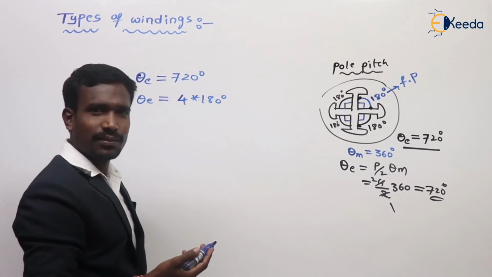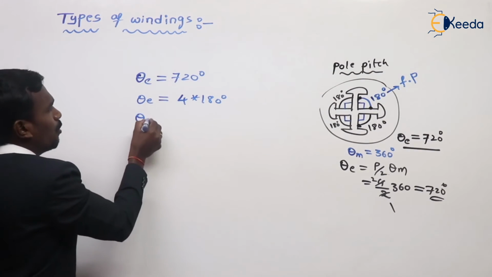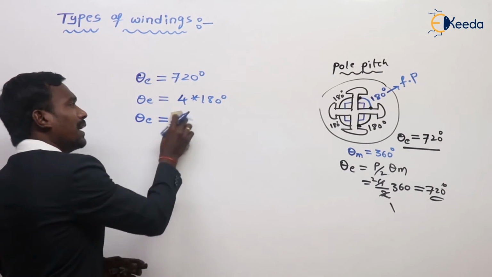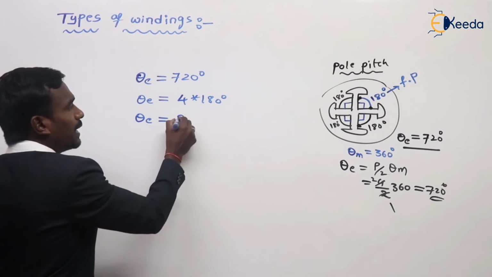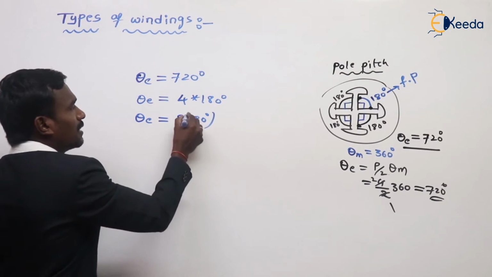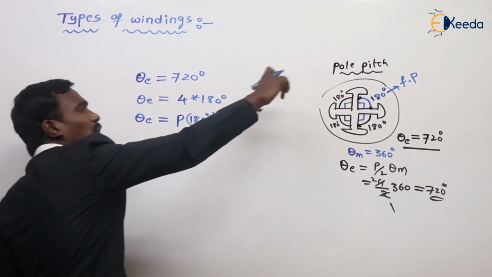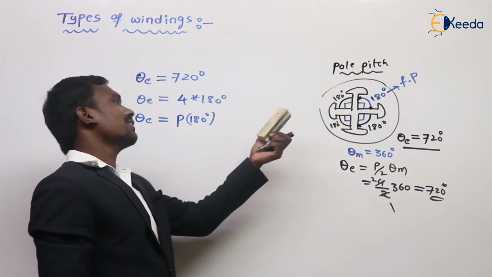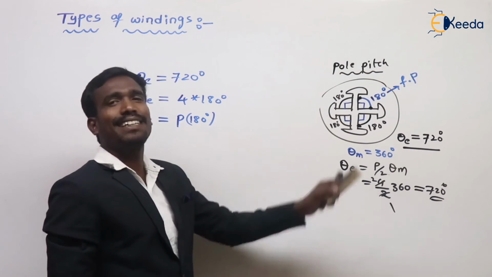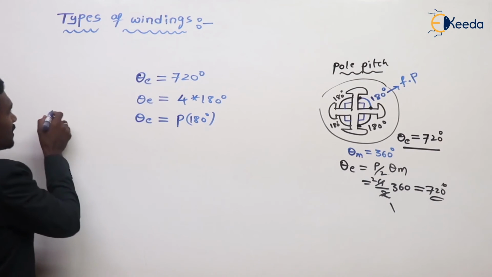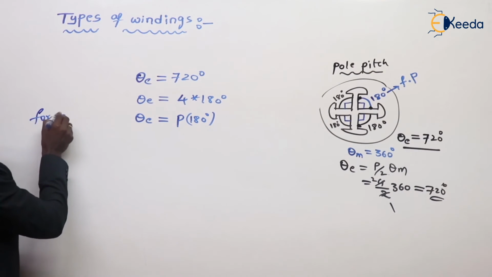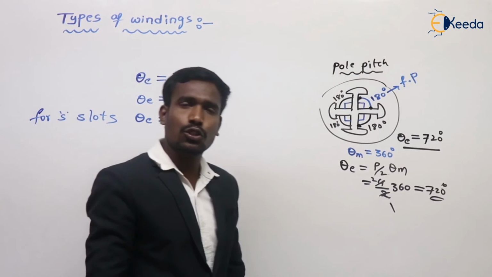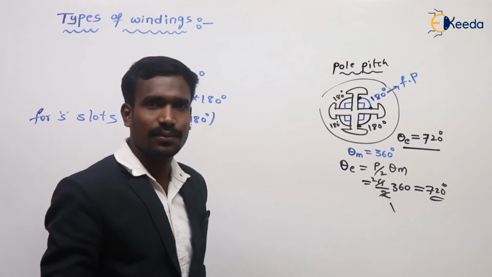Nothing but P times 180 degrees. This is the total theta electrical in our machine. If it is 6 poles, 6 times; 8 poles, 8 times. So for S number of slots, theta electrical is equal to P times 180 degrees.